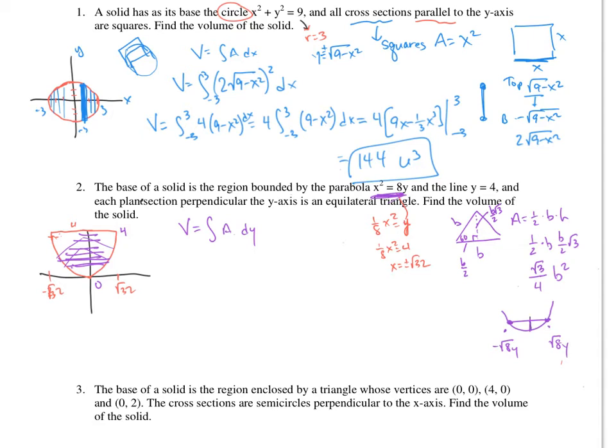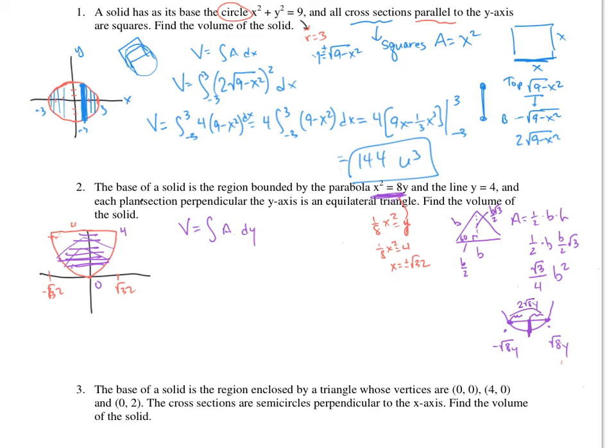So the full length, again, this would be halfway at the origin right there. The full length would be this negative root 8y plus the root 8y. So this whole length would be 2 times the root of 8y. Sorry, I've said it backwards again.